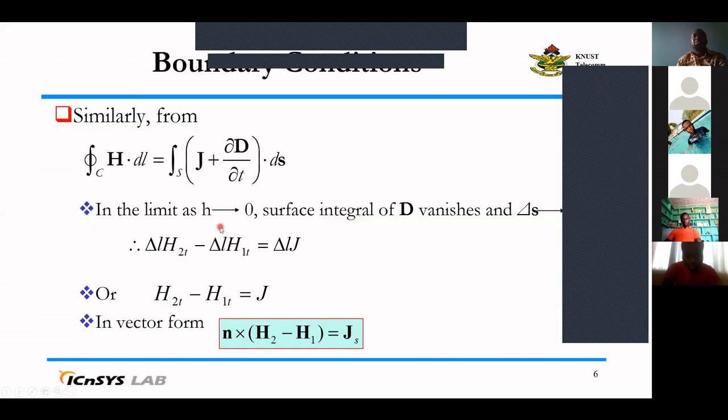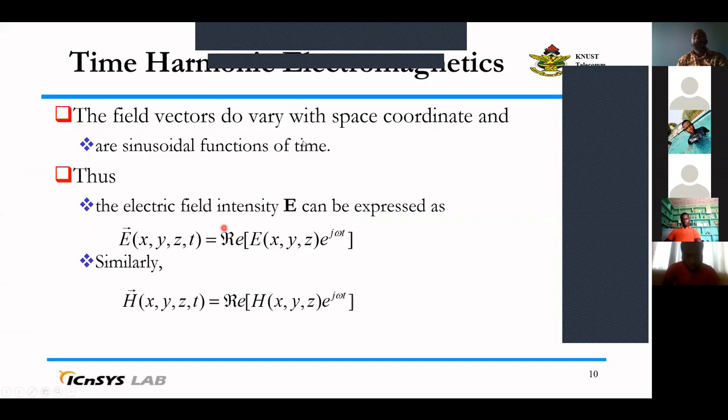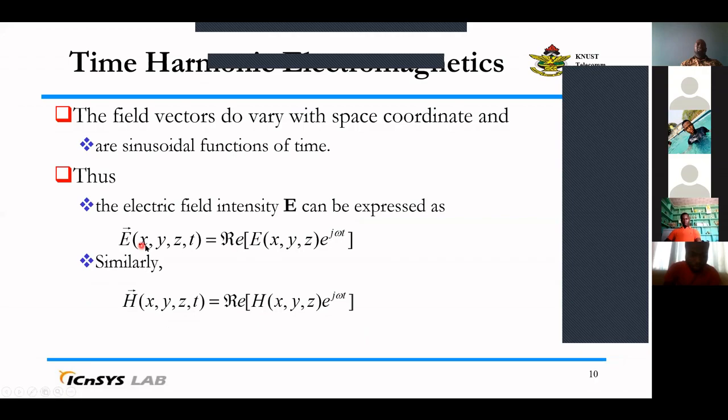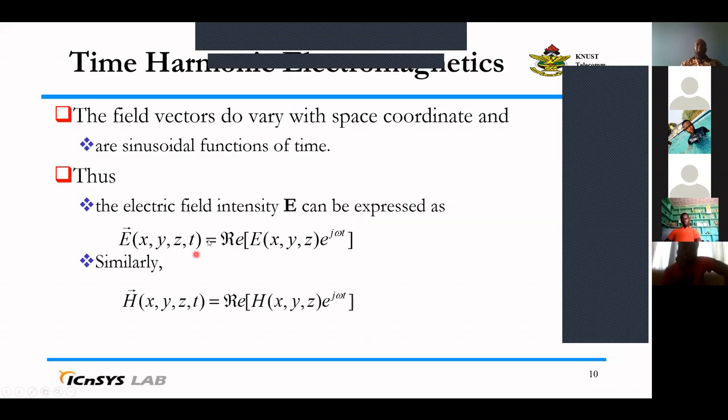In other words, the field quantities vary with both space and time. And therefore, the electric field intensity must be a function of X, Y, Z, and T in the rectangular coordinate, where T is a variable of time.